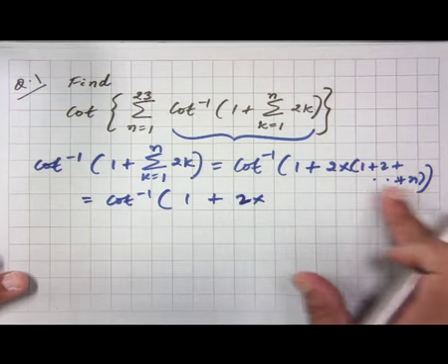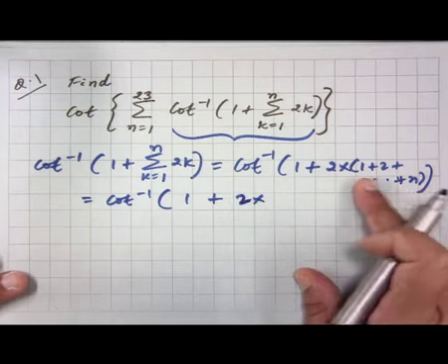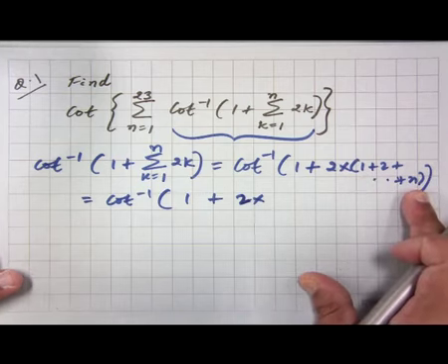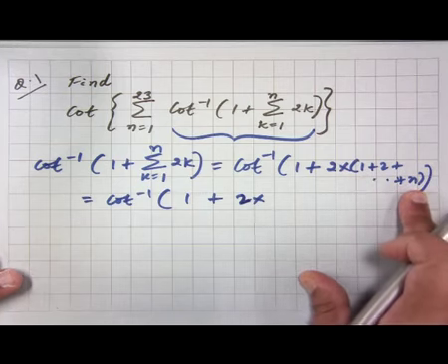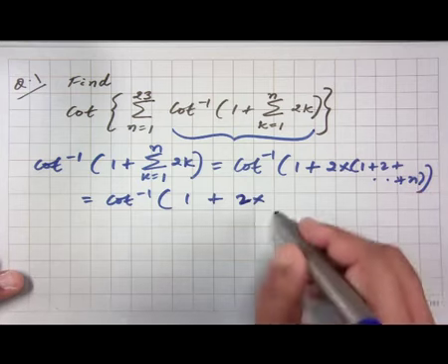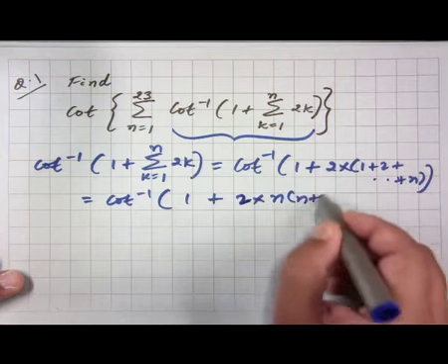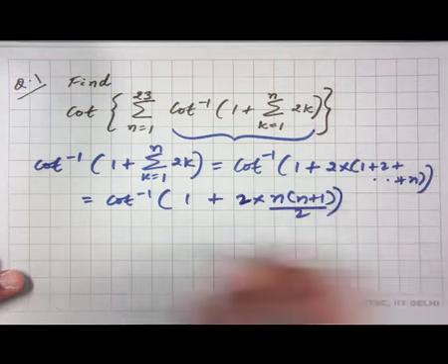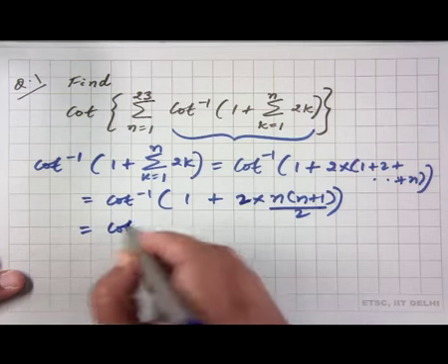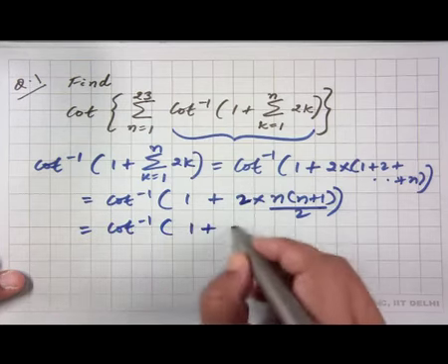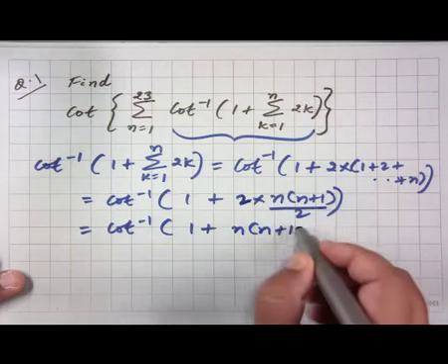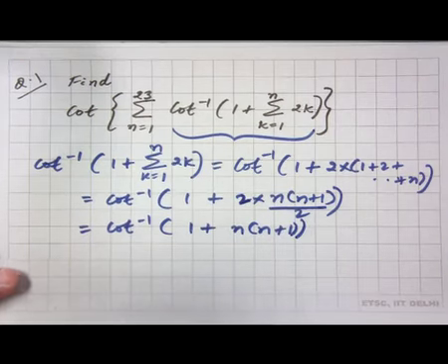Now, this thing inside the bracket is nothing but the sum of the first n natural numbers, which is equal to n times n plus 1 over 2. So, we therefore have this to be equal to cot inverse of 1 plus n times n plus 1.